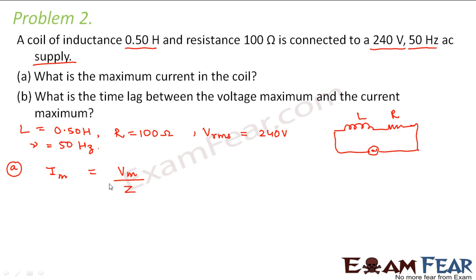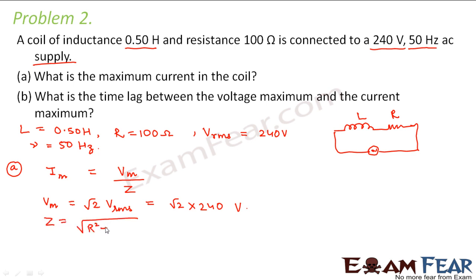So now let us calculate the peak value of voltage. So what would be the peak value of voltage? That would be equal to root 2 into Vrms. So that is equal to root 2 into 240 volts.